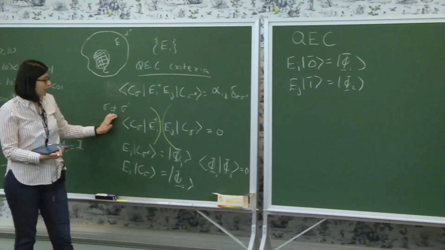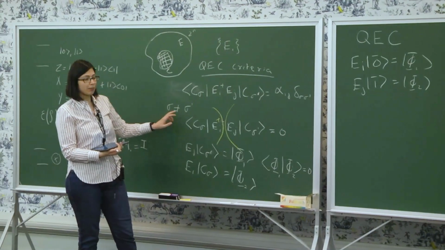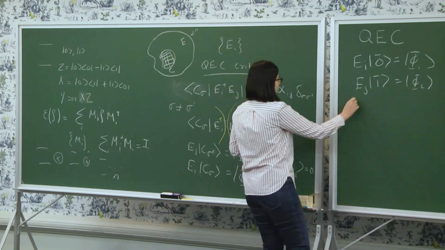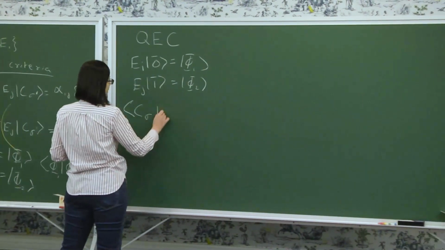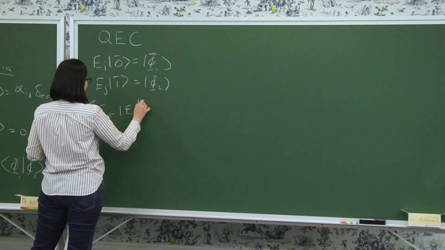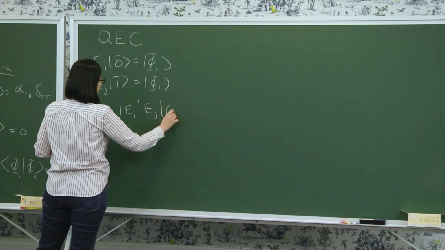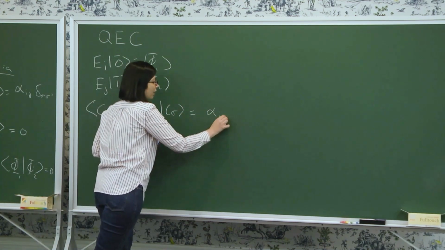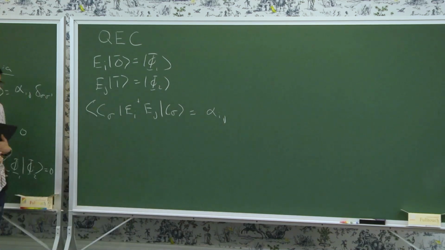So now let's look at what happens when sigma is equal to sigma prime. And in that case, we have C sigma EI dagger EJ, C sigma is equal to alpha IJ.